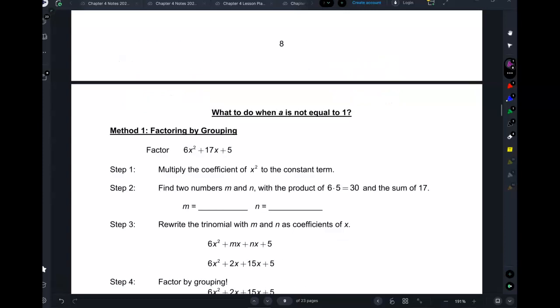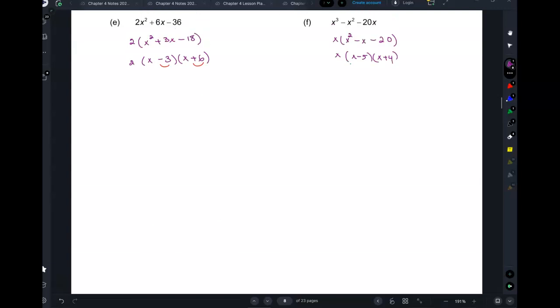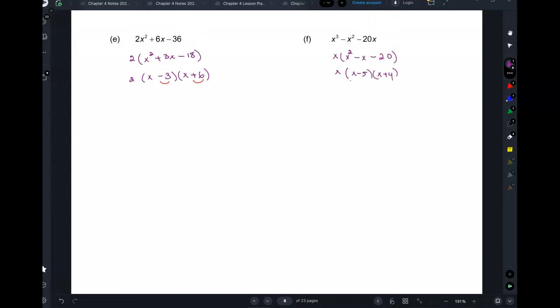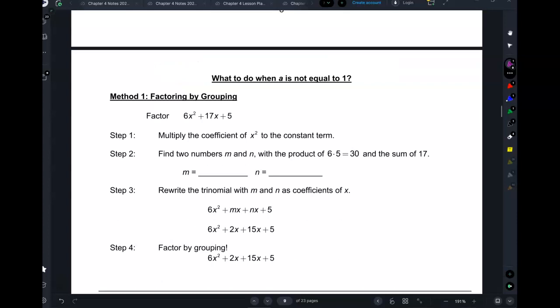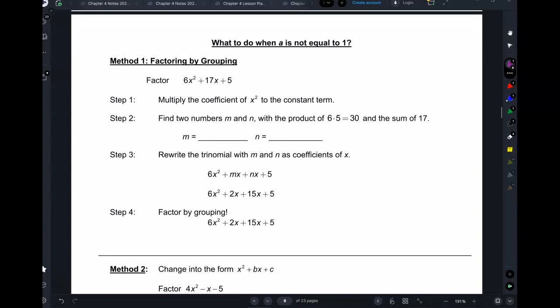Now, what if that first term a isn't equal to 1? What if you have a coefficient here? So there are lots of things we can do here.